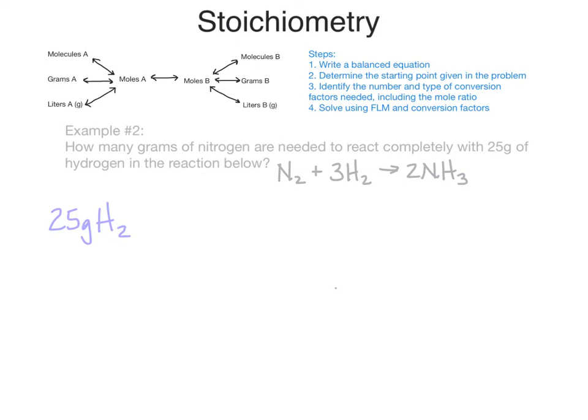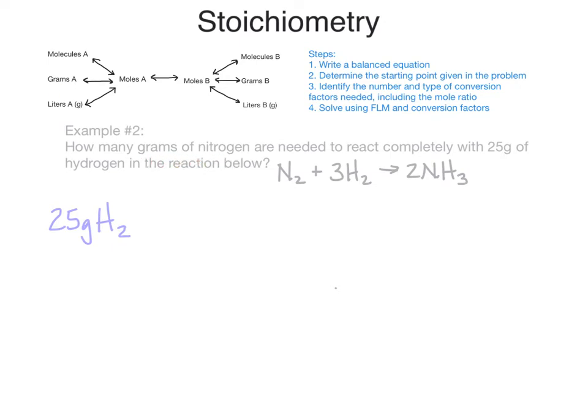And now I'm going to take a look at my stoichiometry map just so I can get my bearings and figure out how many conversion factors I need based on my starting and ending points. So I'm starting right here at grams of hydrogen, and I need to figure out how many grams of nitrogen I have.